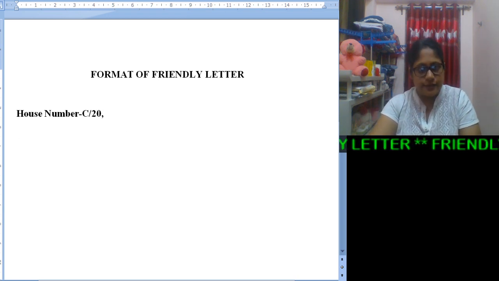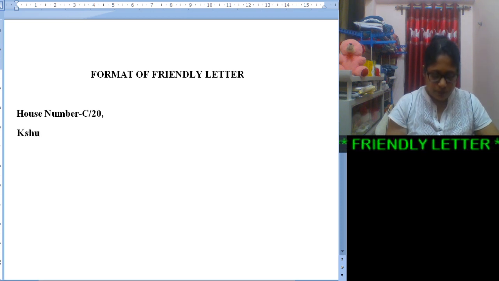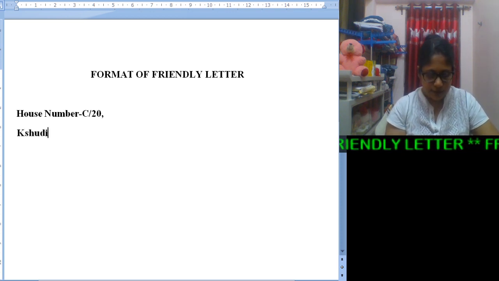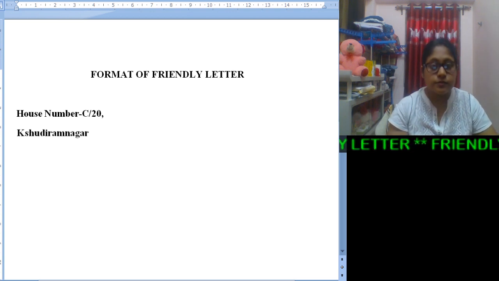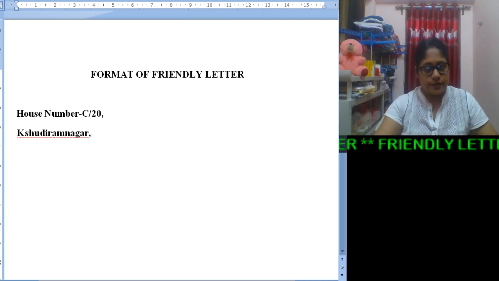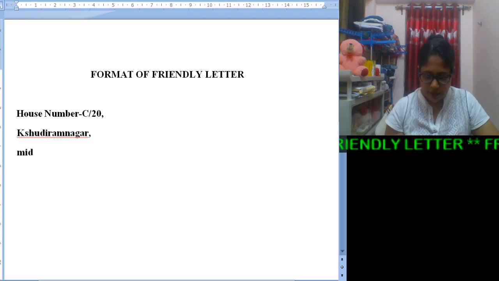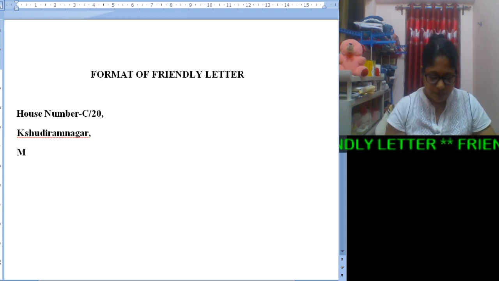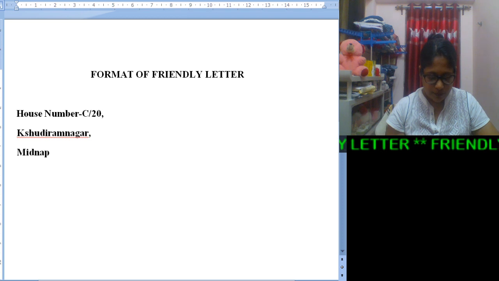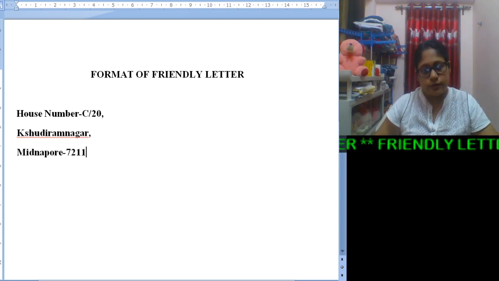Then in the next sentence you will write the place. As for example, I am writing Khudiram Nagar. Then comma. Then you will write Midnapur, Paschim Midnapur, anything. Okay. Then you will provide the pin code.